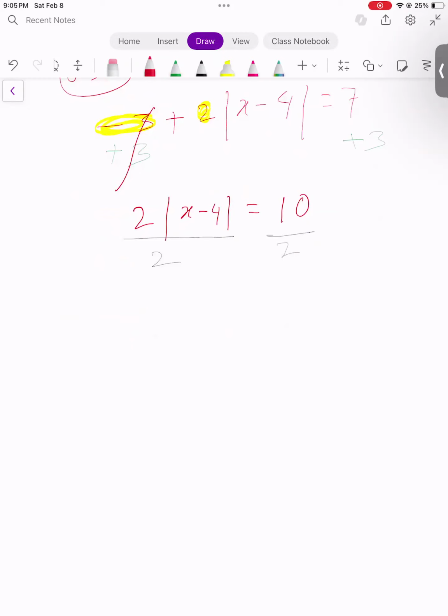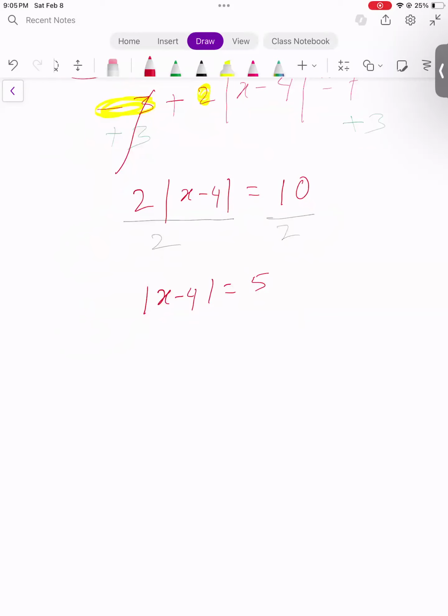So this is the absolute value of x minus 4 equals 5. Once you have the absolute value expression by itself on one side, the next step is to get rid of the absolute value sign. So we need to rewrite this absolute value equation without using the absolute value sign.